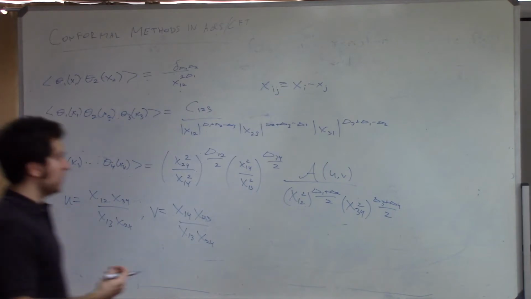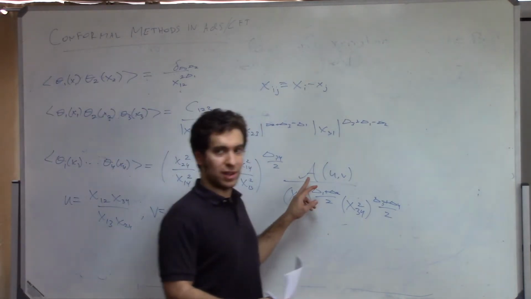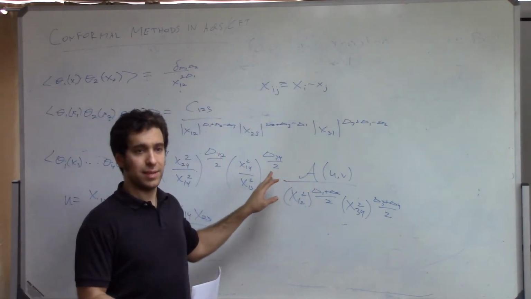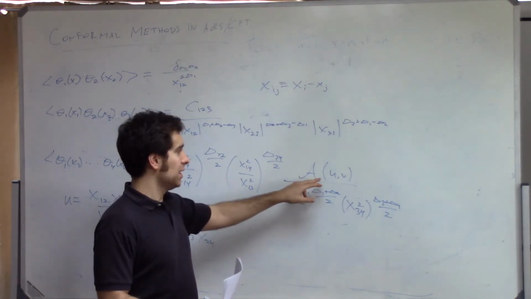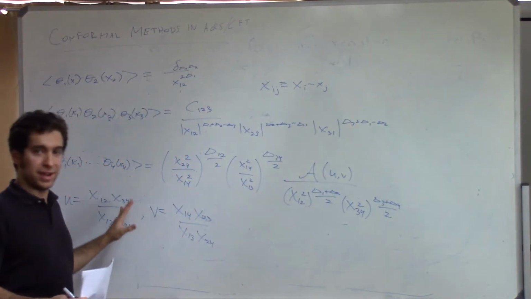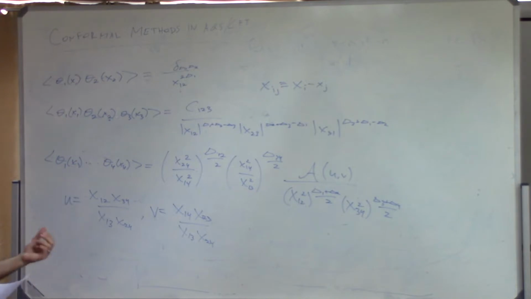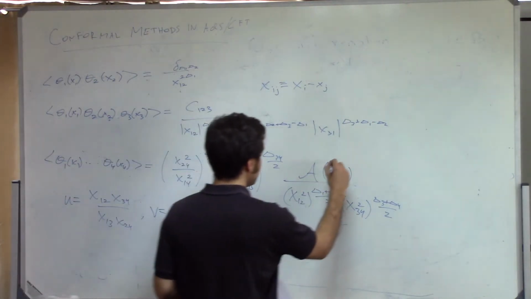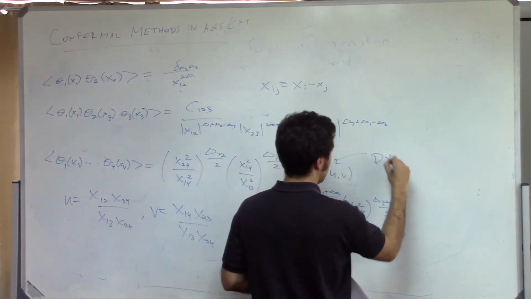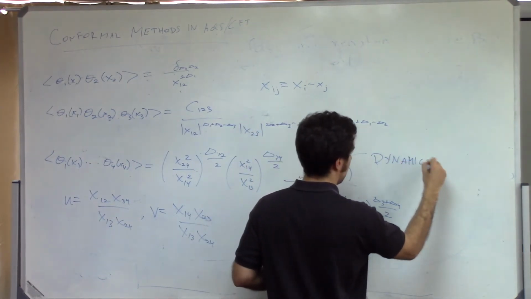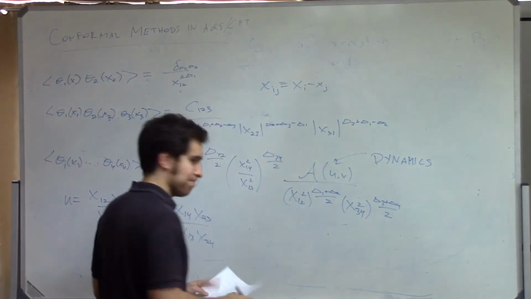So all the non-trivial information about a given 4-point function lies in this function A. Right? A, so far, can be anything. It just depends on these conformally invariant combinations of coordinates, and that's where the theory dependence lies. So, dynamics lies in A.